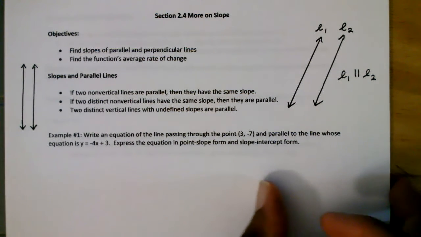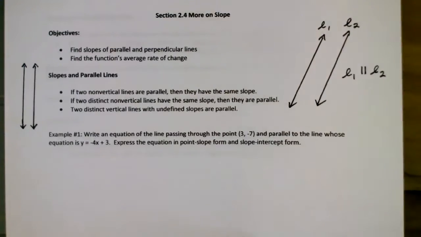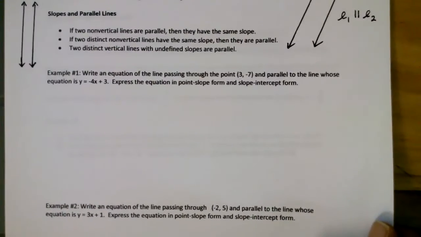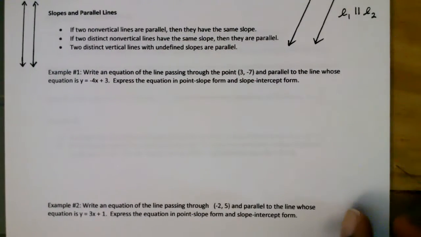Now let's look at example 1. In this case, we're going to write an equation of the line passing through the point (3, -7) and parallel to the line whose equation is y = -4x + 3. And we're going to express the equation in point-slope form and slope-intercept form as well.